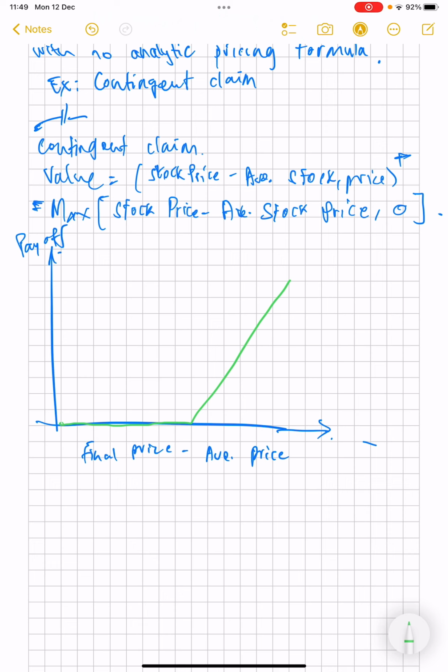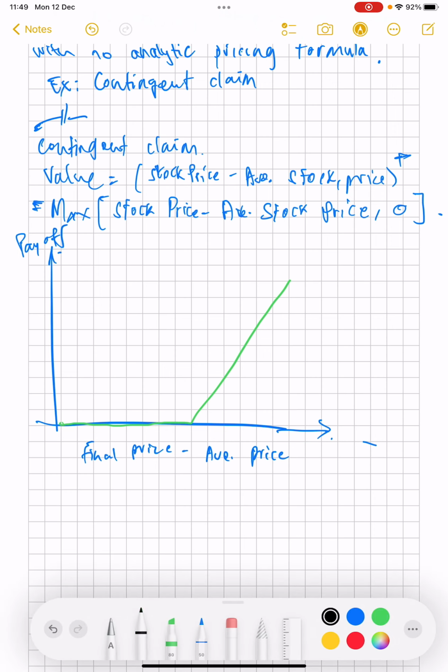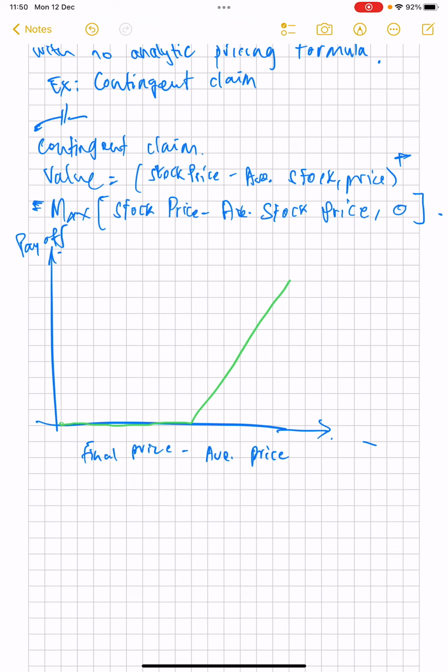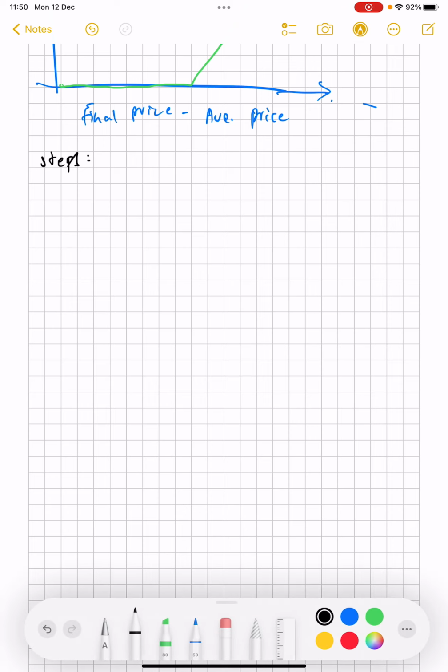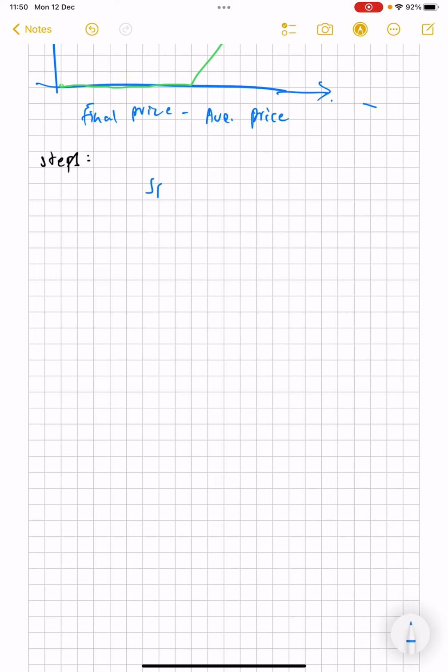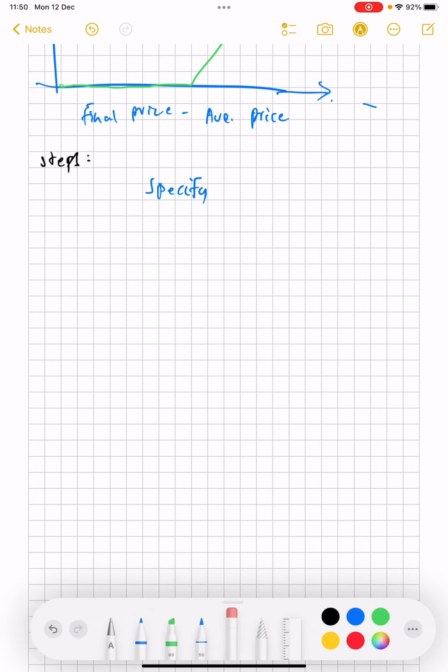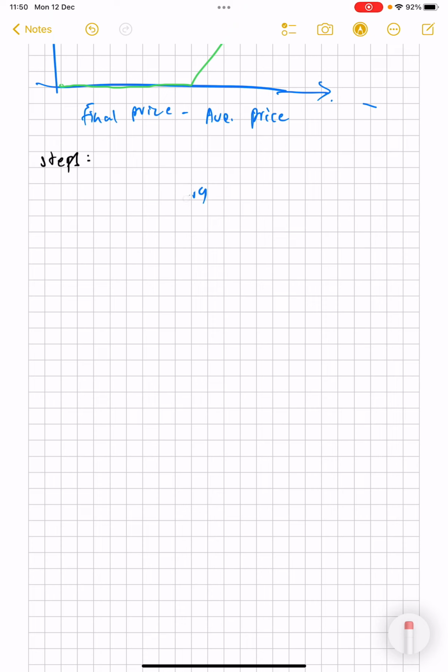Let me name the steps in a Monte Carlo simulation. What are the steps you should follow to implement it?